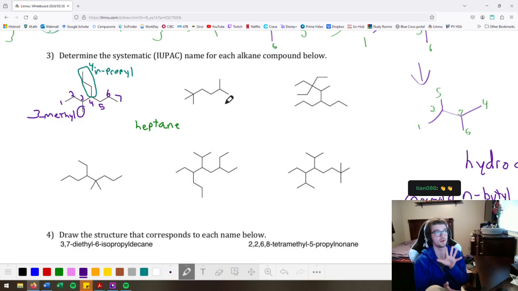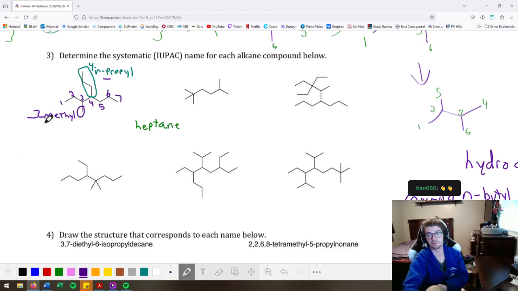So when we are naming those groups and putting them in order in the name, we don't put them in order by the substituent number. We put them alphabetically by the substituent name. And the N here does not count. We don't name it based on N. We name it based on the P for propyl.